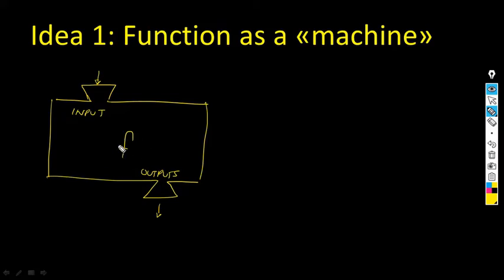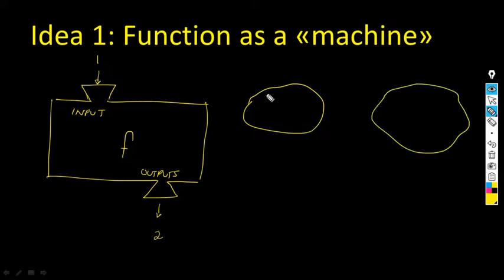Okay, so let's see what this means. Suppose that we have this machine F, and suppose that we input the number 1. Then the machine does some processing on the input, on the number 1, and it outputs the number 2. 1 goes in, some process takes place, and then the machine outputs the number 2. That's what the machine is doing. I'm going to represent that also in this way. I'm going to draw this set, and this set, and this point, which is the number 1, and this point in here, which is the number 2.